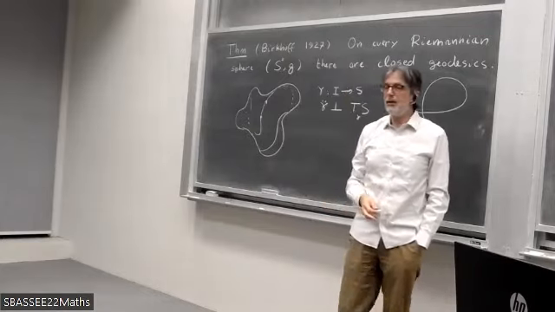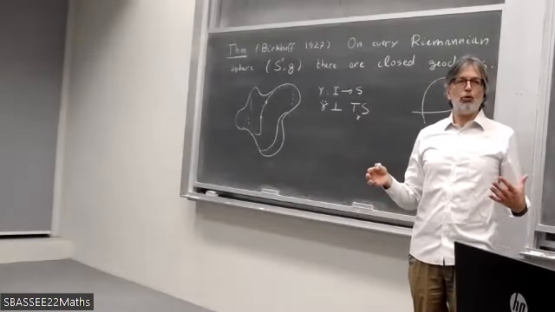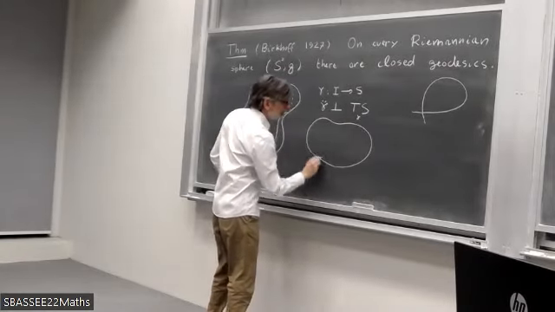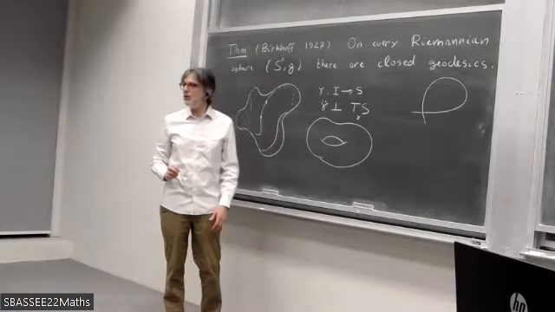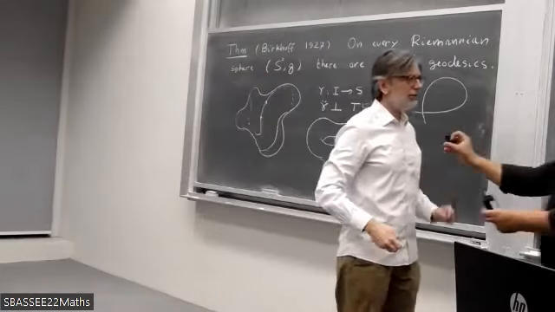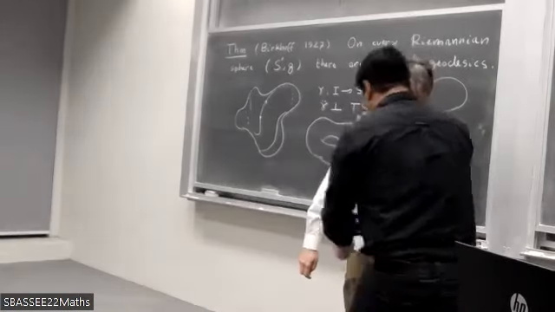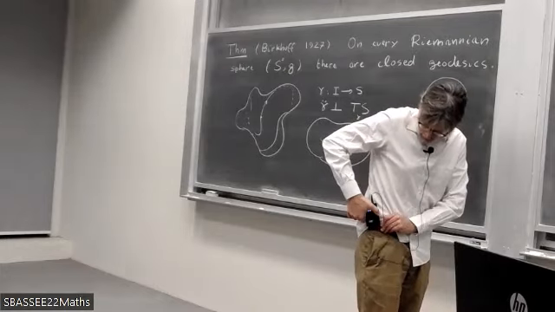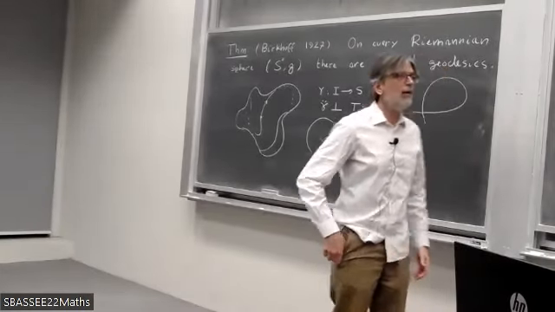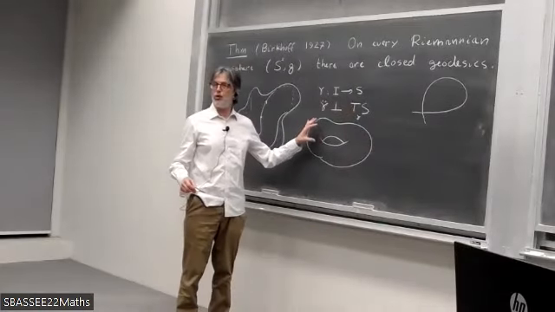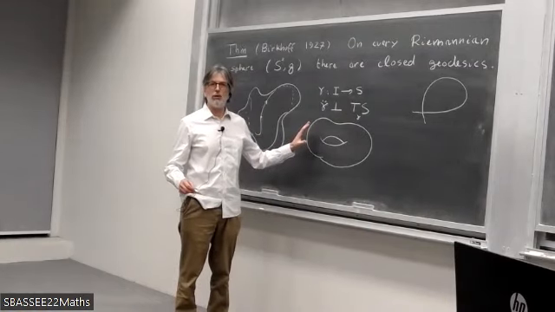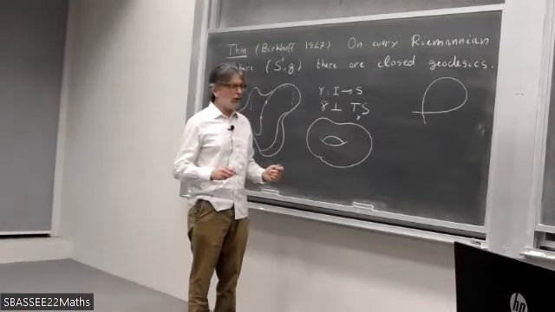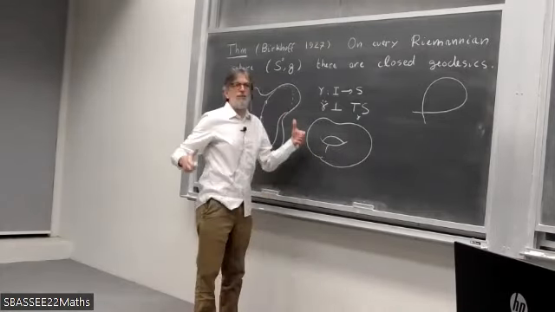It's also interesting for the method of proof that he introduced while proving this theorem. If you look for a closed geodesic on a non-simply connected manifold, let's say a torus, then what I could do is look at closed curves which are non-contractible, for instance this component, and then just minimize length.